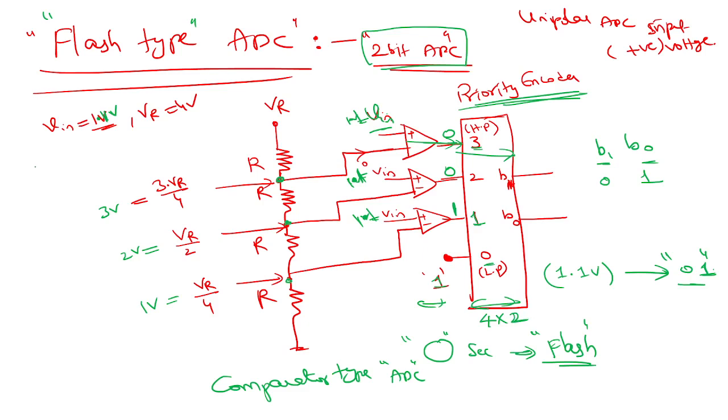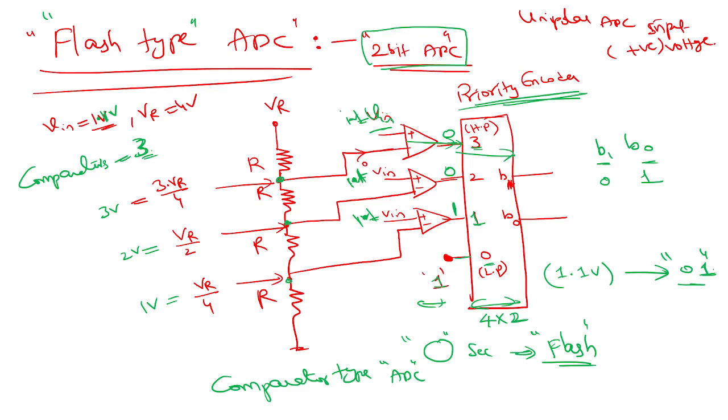How many comparators do we have? 3 comparators. By now we are very clear, right? Why the fourth comparator is not required. It's useless. If the input is not greater than any of these, obviously it is greater than 0, if it is non-zero. Comparators are 3. Are you getting it?